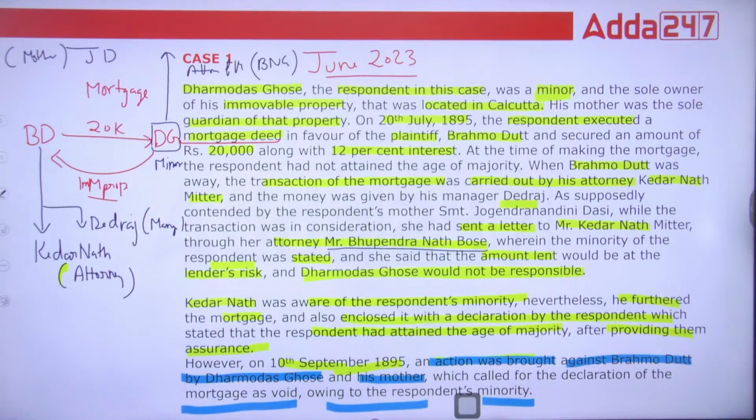What will be the right answer, class? Tell me. What is the right answer?